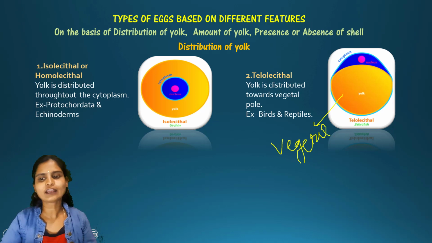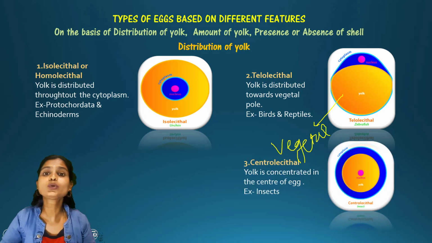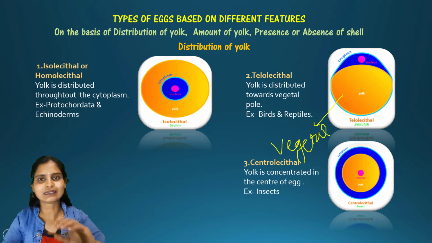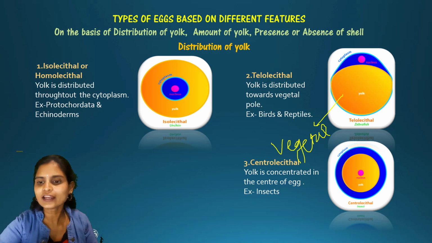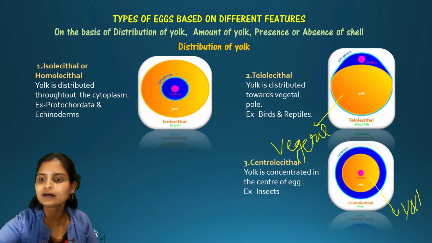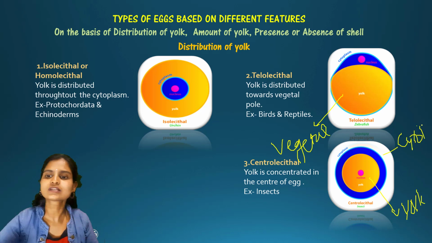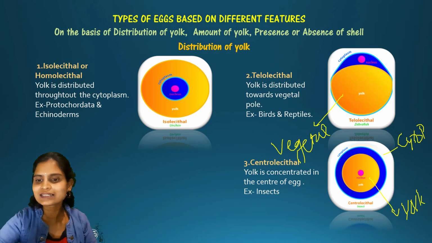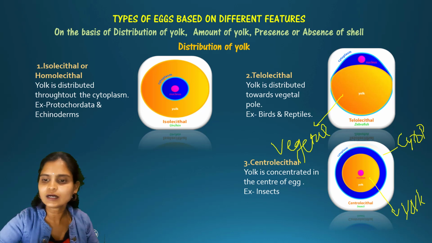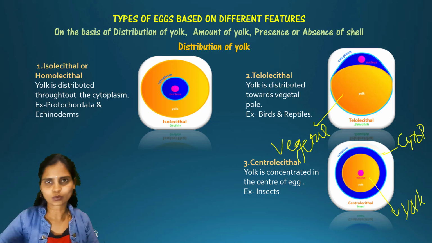And then we can find the other type, that is centrolecithal. The name itself indicates, centro means in the center. So here you can find this is a part where the yolk is present, and here this is the cytoplasm. Please remember, don't confuse. This part is nothing but the cytoplasm, and here yolk is present. The pink one is nothing but the nucleus.